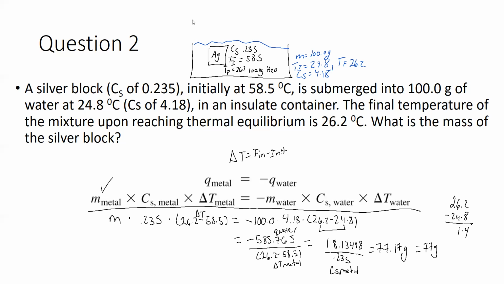If you did it a different way, again, this is all multiplication and division, so you can do it a lot of different ways to get the same answer. As long as you follow the rules of math and your order of operations, you should come out with the same answer.